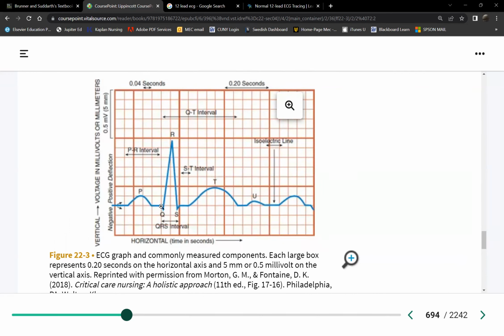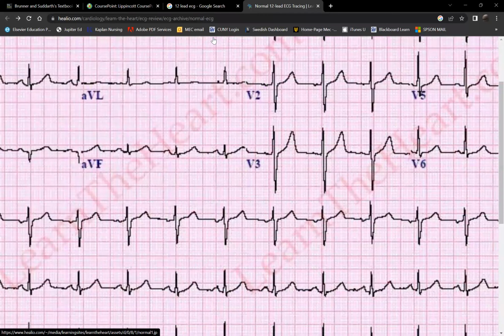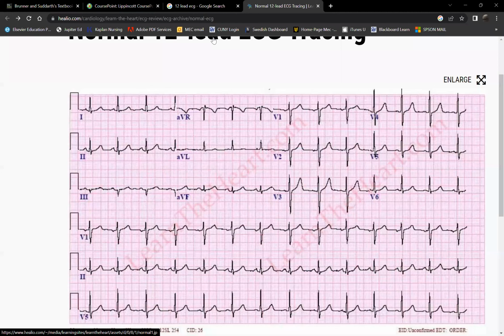Instead of your heartbeat looking like this, it will look really close together. It will narrow, because if the PR intervals are very short, very narrow, the heartbeats will be faster. So what will happen if your heart rate is 150, 160?